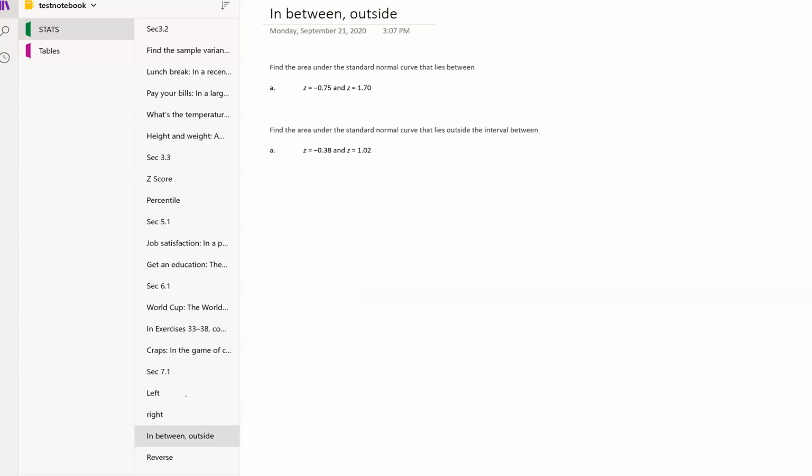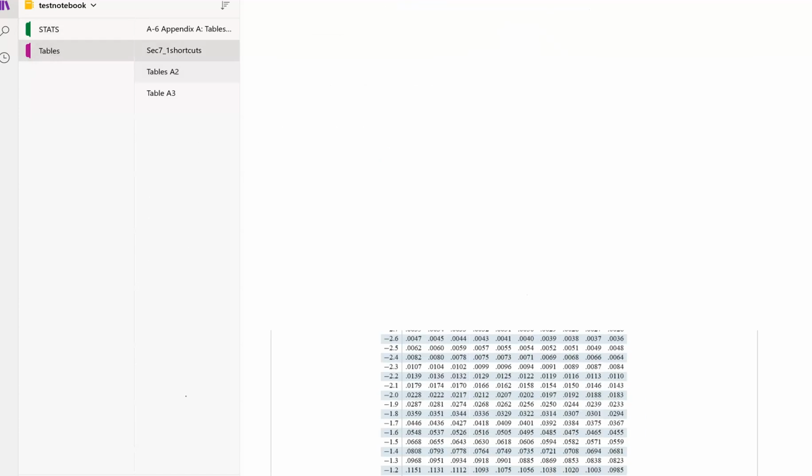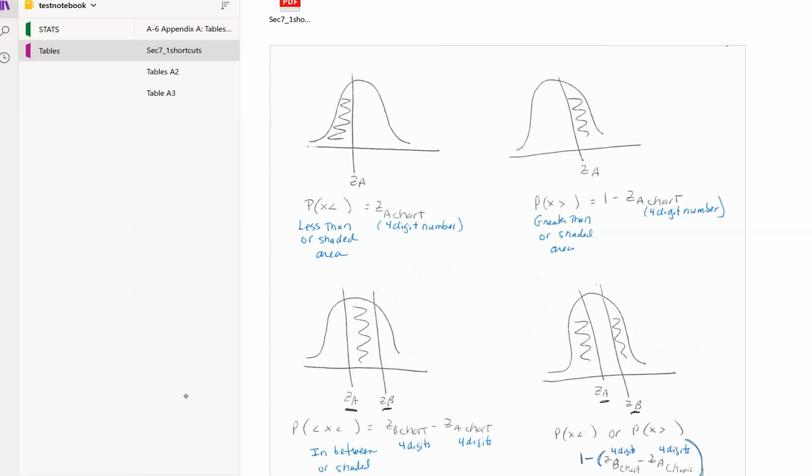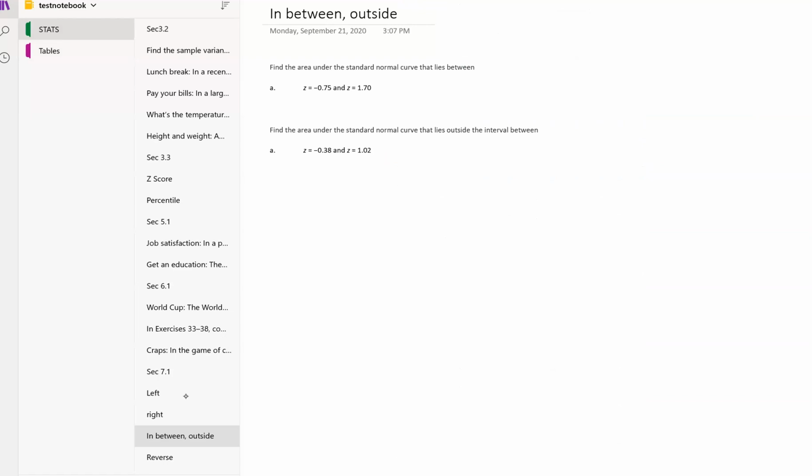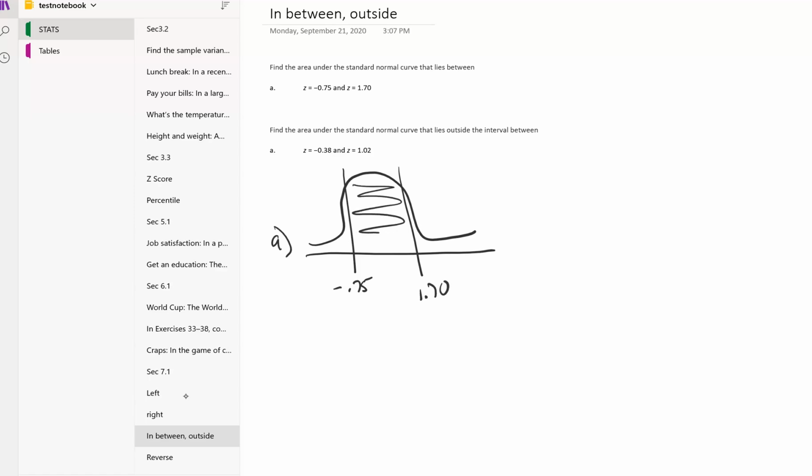All right, in between, just to refresh, is here. I look up the two numbers, the 4-digit numbers, and I subtract them from each other. If I made a picture of an in-between, it's a negative 0.75 and a positive 1.7, so I'm looking for this.